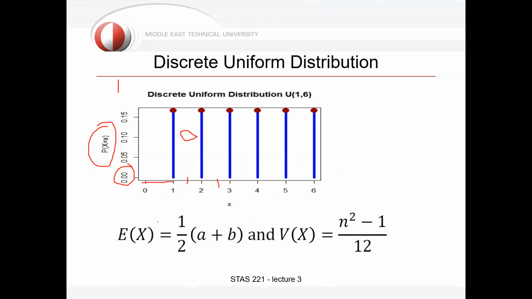Okay, and for finding the expected value and variance, you also remember we call them mean of the distribution, variance of the distribution. And this is the variable that we are talking about. So X has discrete uniform distribution. What is X? It's throwing a die, for example, in this scenario. So in order to find it, you can easily use the formula.